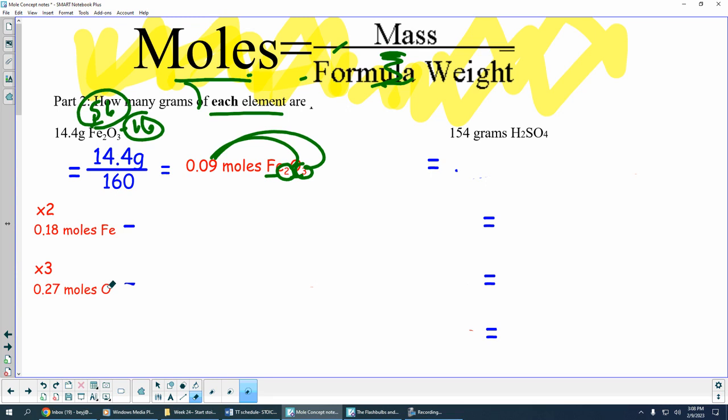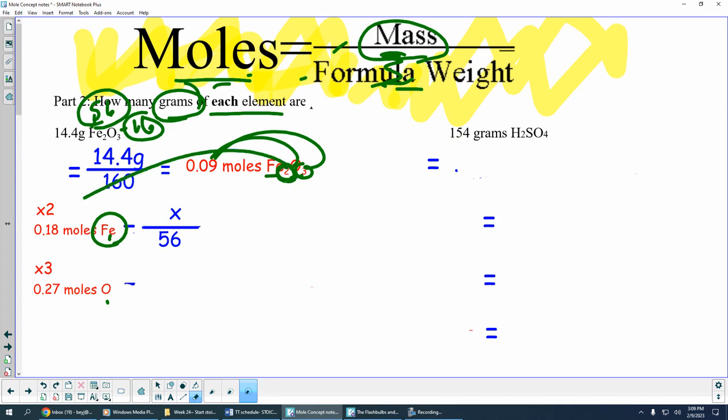Now I know how many moles of each we have, but I don't know how many grams of each we have. So we are going to do another moles equals mass, what I'm looking for, over formula weight for each of these compounds. I'm going to put this over X, and I want the formula weight of 1 single iron. We already accommodated the fact that there were 2 of them, so now we just need 1 single iron.